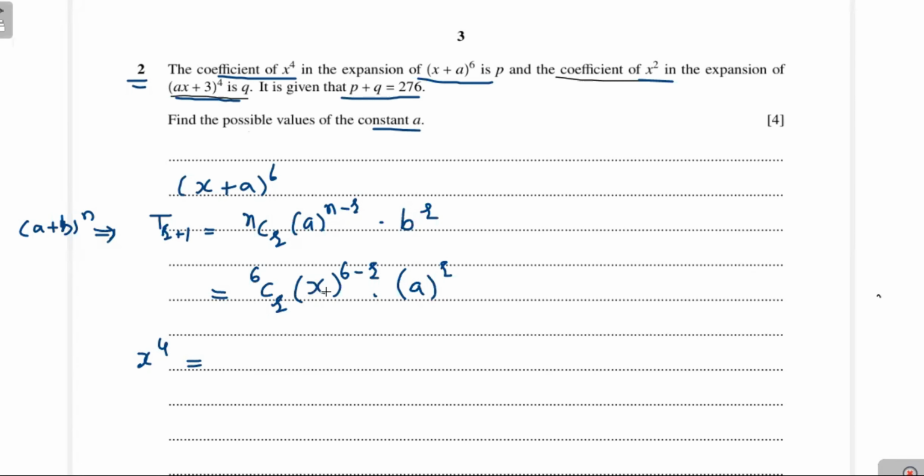Therefore 4 equals 6 minus r. Therefore r will be equal to 6 minus 4, that is r equals 2.